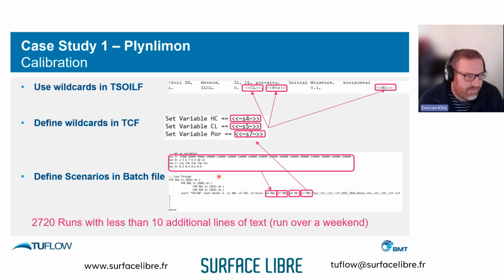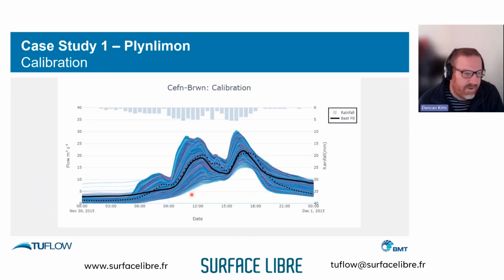We did this for 2,720 runs. All we're adding is 10 additional lines of text within our batch file. We did this with a 20-meter cell size, and it ran all those simulations over a weekend.